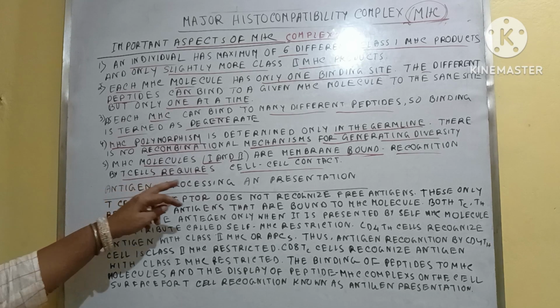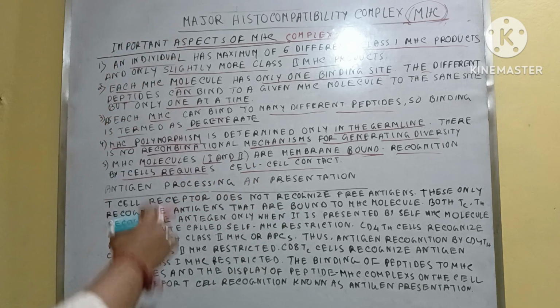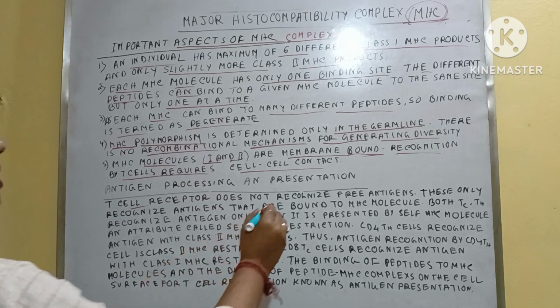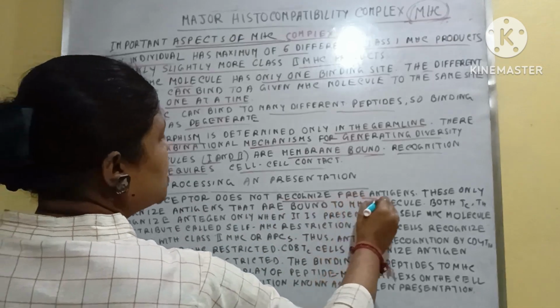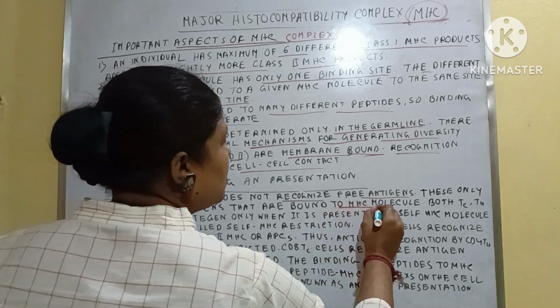Now, what is antigen processing and presentation done by the MHC? Just briefly we will learn here. The T cell receptor generally does not recognize free antigens. They can only recognize antigens that are bound to the MHC molecule.